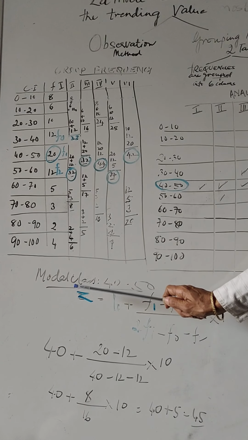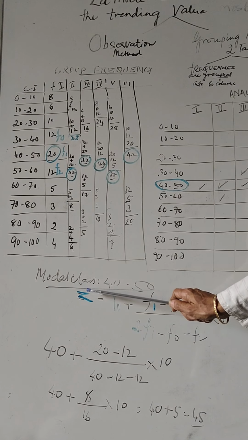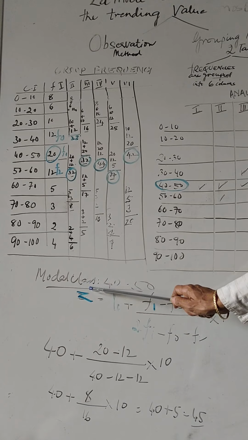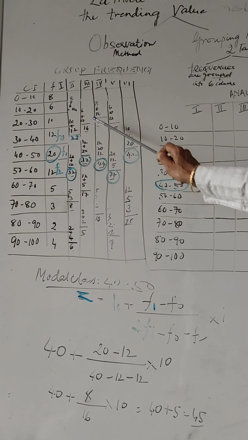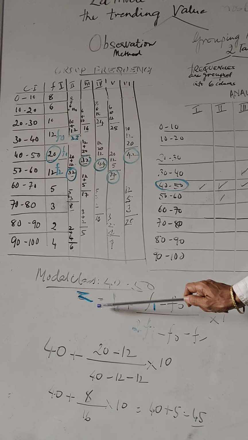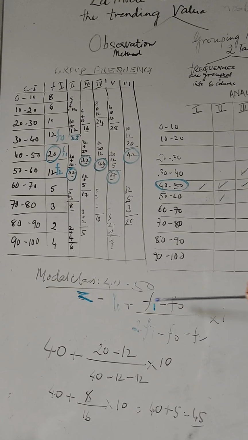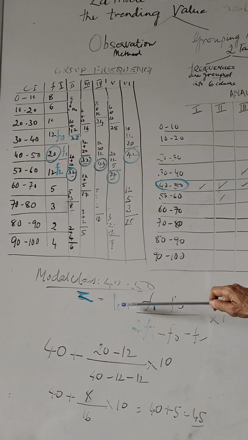Z, as you call it, is the symbol or the letter we use for modal, to represent mode. So how will you find out the mode? We found out the modal class, it's 40 to 50. To find out the exact mode, you take this formula, L1, that is lower limit of the modal class.